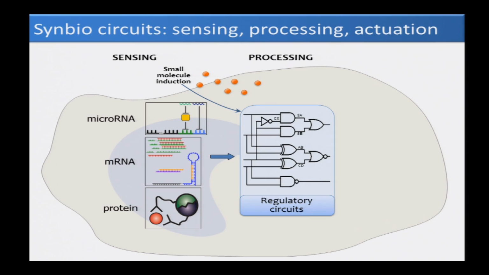It's important that these sensors not just give us fluorescent readouts, but that they connect to the regulatory networks that we have in mind, so that these regulatory networks can integrate multiple pieces of information and make decisions about actuation.